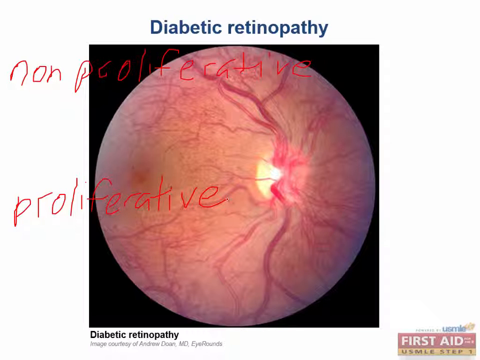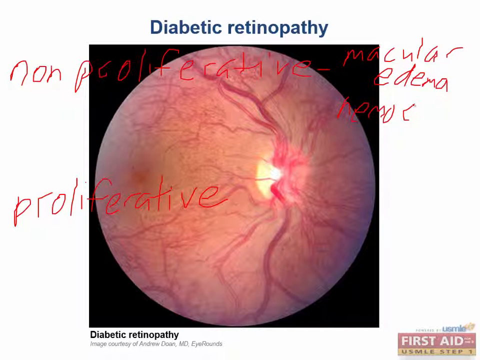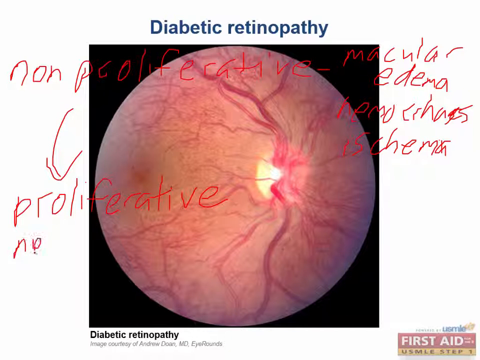So, the non-proliferative phase usually consists of macular edema, hemorrhages, as well as retinal ischemia. Now, with enough time, this can progress to the more proliferative phase, which is where new blood vessels begin to grow. So you have new blood vessel growth in the proliferative phase.